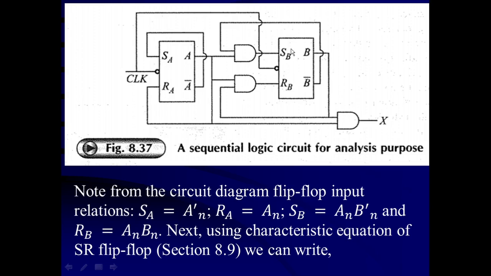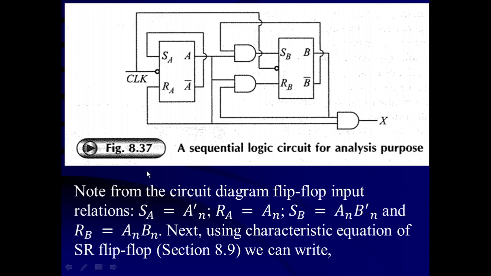Similarly, SB is equal to AN as well as another input BN bar. These two inputs are combined through an AND gate and given to SB. So we can say that SB is equal to AN BN bar. And similarly, RB is a combination of AN as one input and BN as another input.